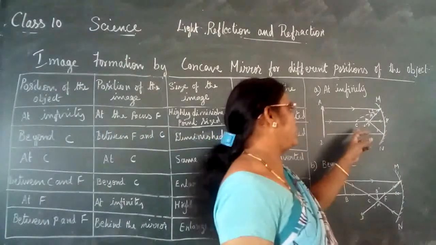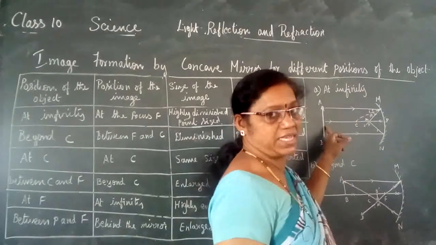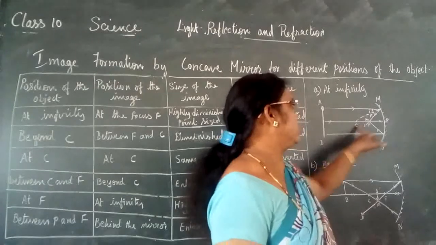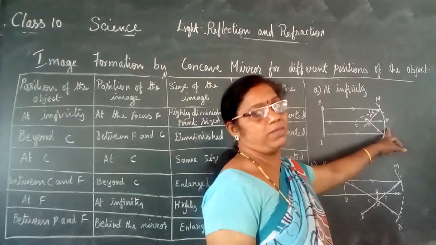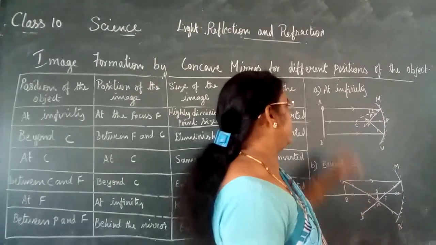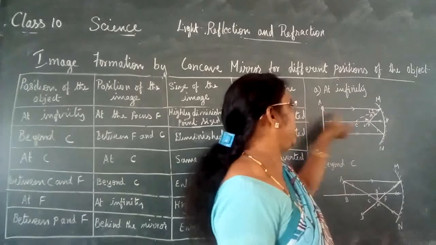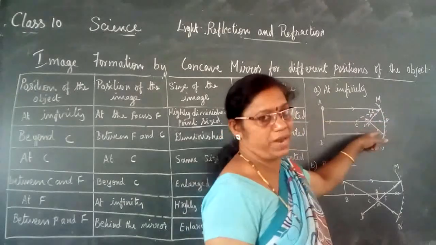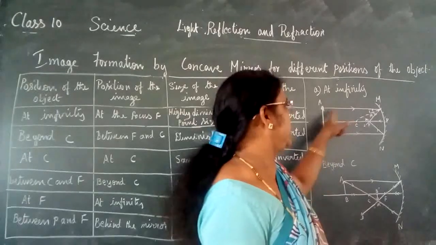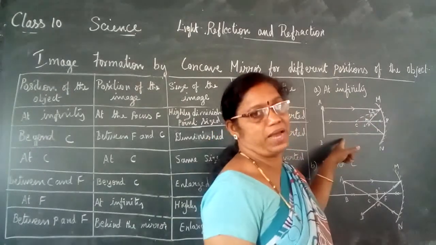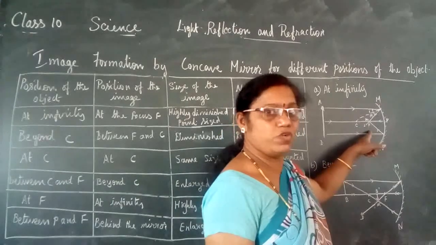And as you all know, this is the principal axis which passes through the center of curvature of the mirror and the pole of the mirror. So we are going to consider the line which is traveling parallel to the principal axis. And as you know, the light ray which travels parallel to the principal axis passes through the principal focus.